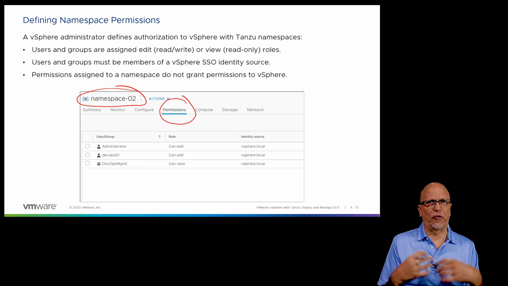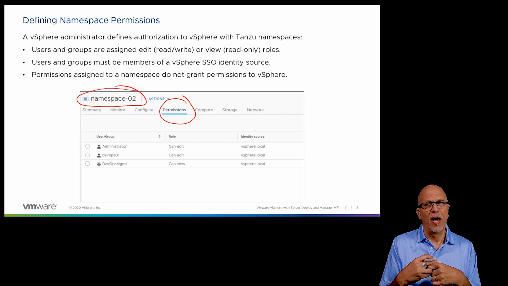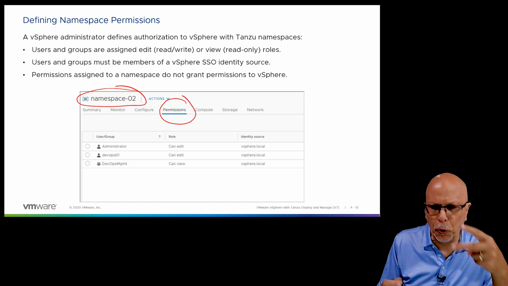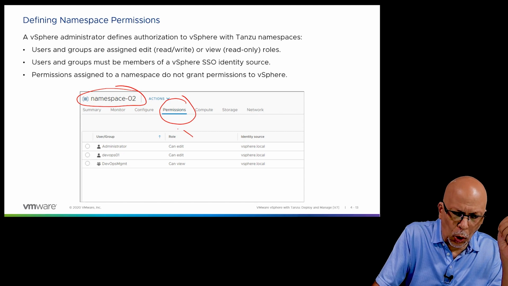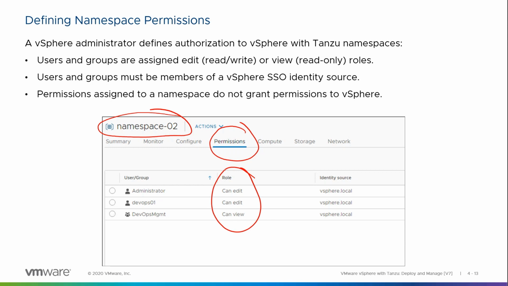One is from the vSphere with Tanzu perspective, where we only give them two potential roles. They can either edit, which means they can make some type of change to the namespace, or they can view, which is basically read-only. Obviously, they can't make any other change.